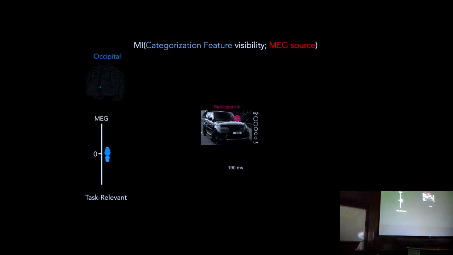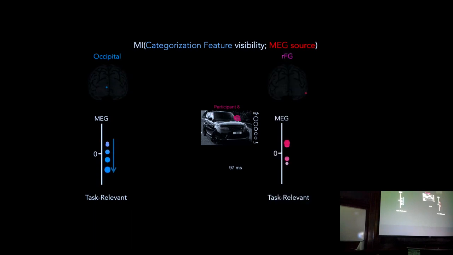It's located here in blue, and you can see that at some point in time, the source represents with a spread of activity the spread of visibility of the feature. That's the MI that I've talked to you about before. So you can see low visible to high visible is represented across the MEG range of response. Yes? And this is in occipital cortex.